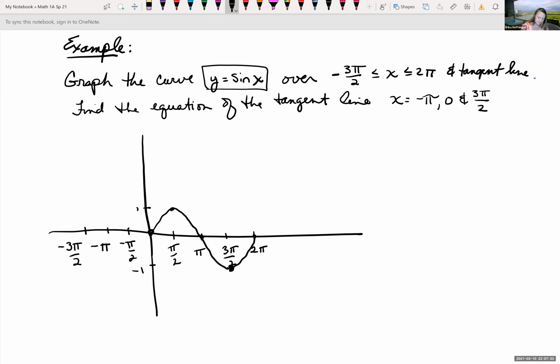At negative pi halves, I would be down at negative 1. At negative pi, I'm back at the x-axis. And at negative 3 pi halves, is something wrong there? No, it's positive 1.